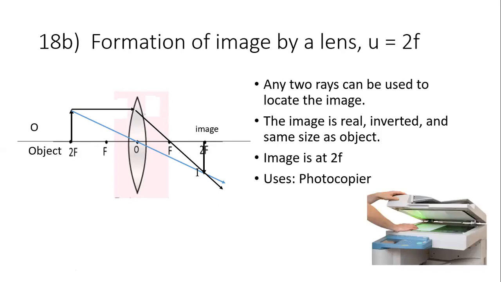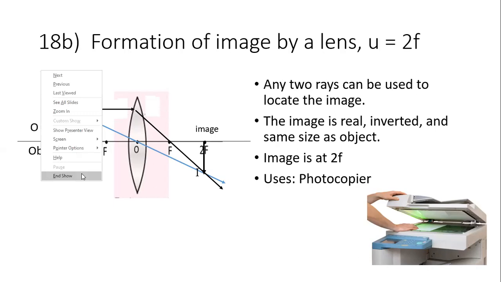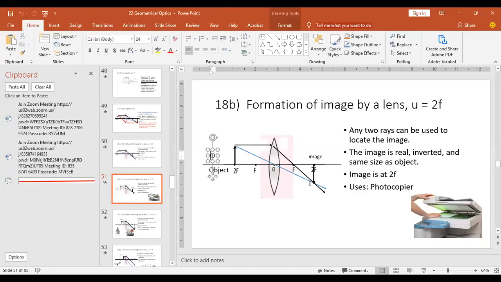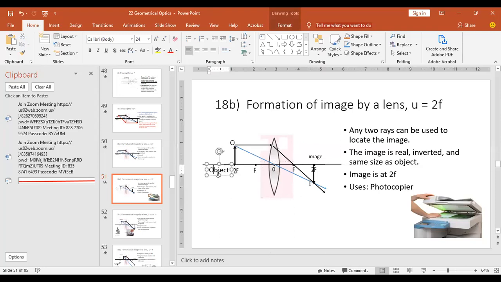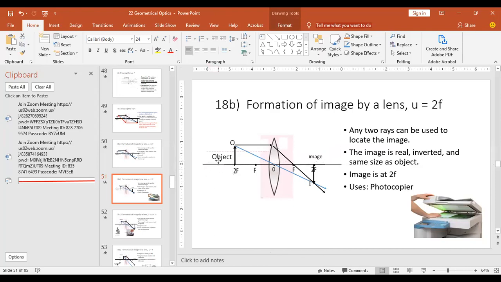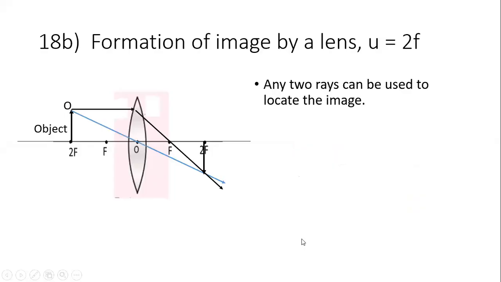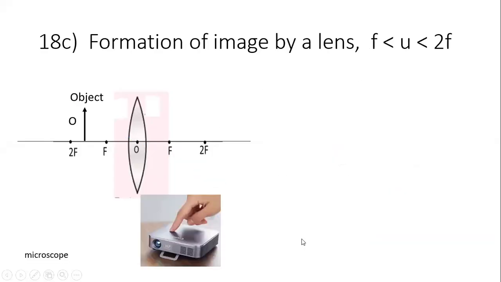Okay, anything that you want to ask? No. Okay, now let's go further. Formation: previously the object was at 2f, now it's between f and 2f.